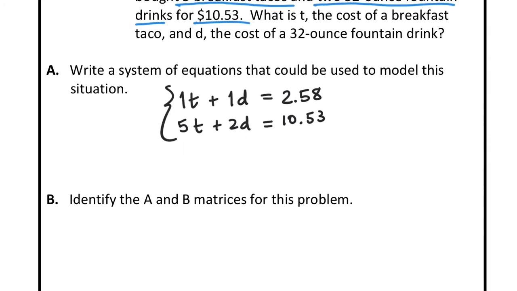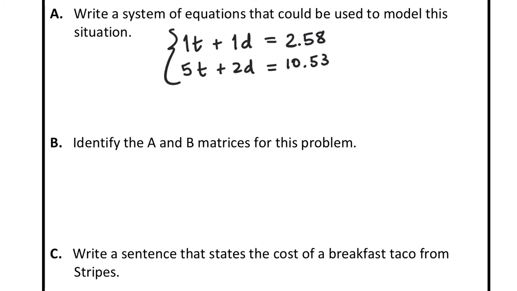So then we look at part B. Part B is telling us to identify my A matrix and my B matrix. So for my A matrix, in the calculator, we're going to set up an A matrix. And so it's going to be made up of the numbers in front of the letters.